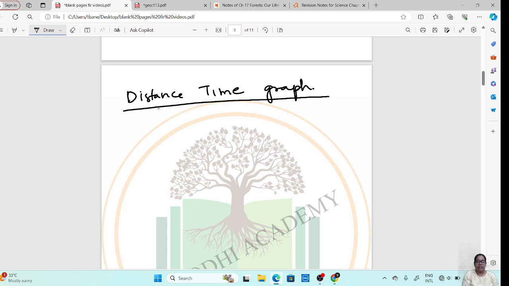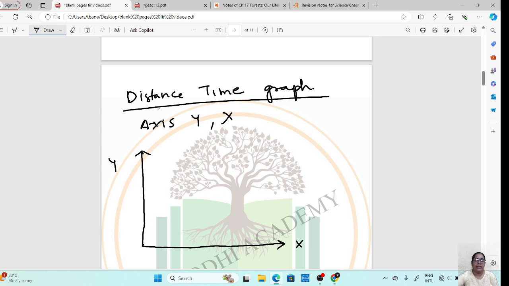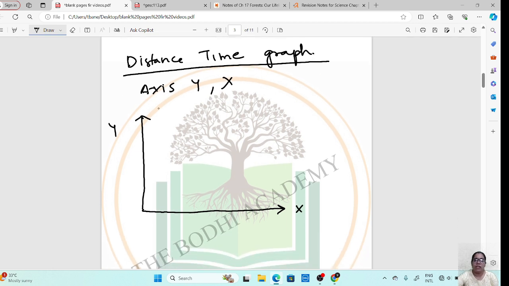So to draw any graph, what we need is the axis first. That is y-axis and x-axis. So this is our y-axis and then this is our x-axis. Then we have to see which axis will represent what. That is, our x-axis will represent our time and y-axis will represent the distance covered in that time.